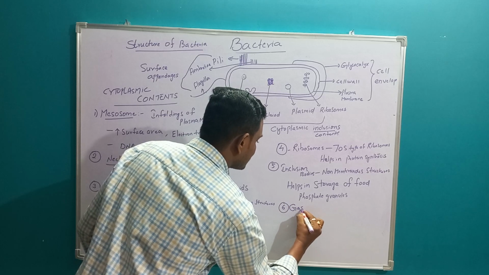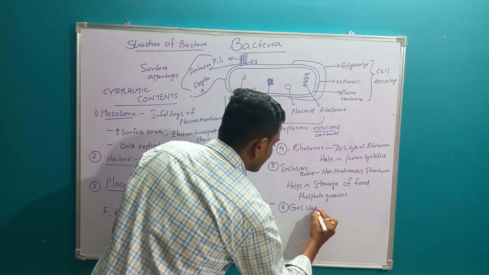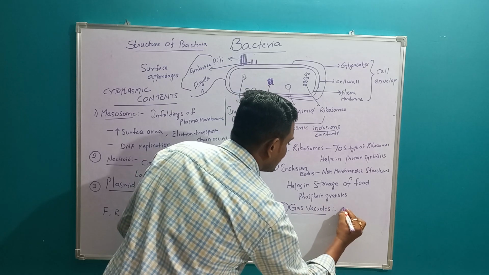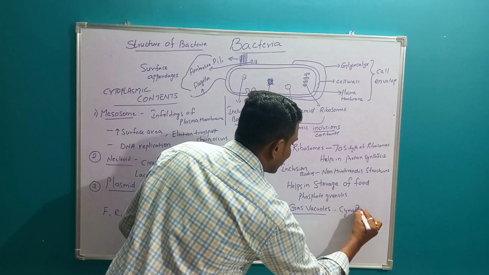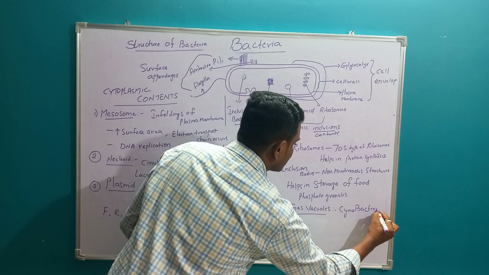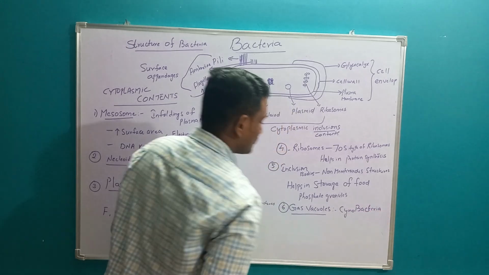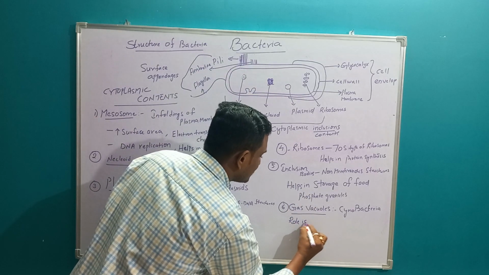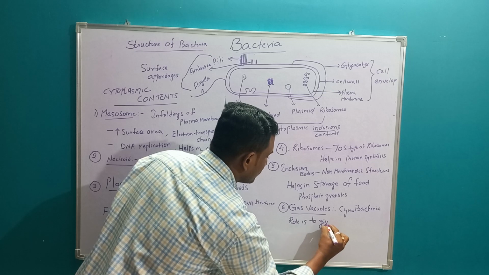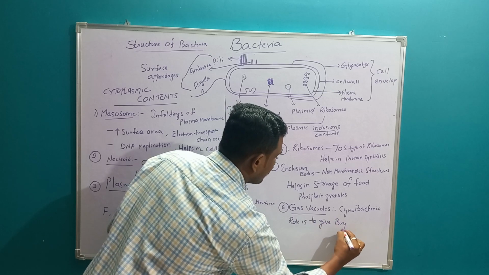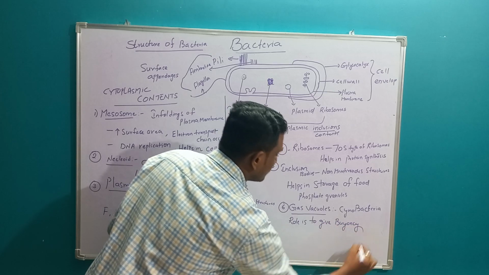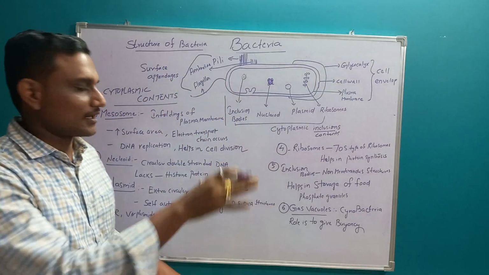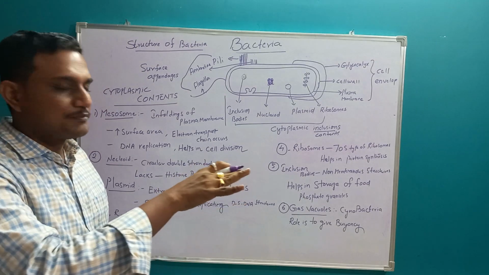Apart from this, gas vacuoles are present in cyanobacteria. The main role is to give buoyancy in order to float on water.